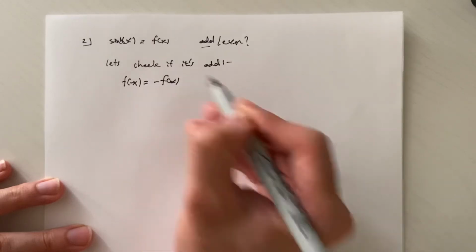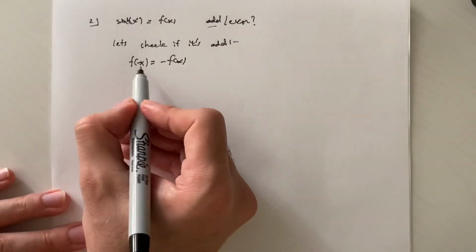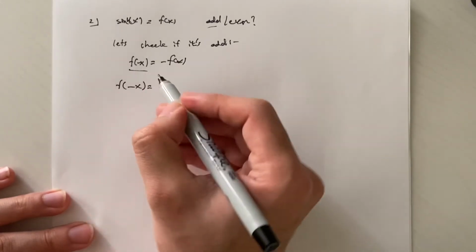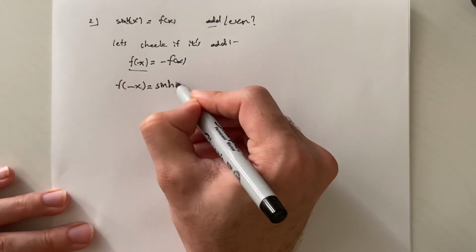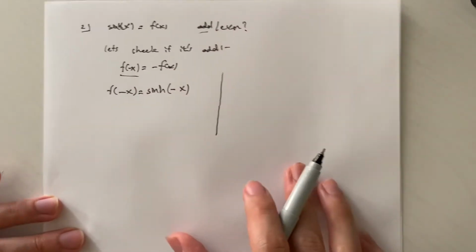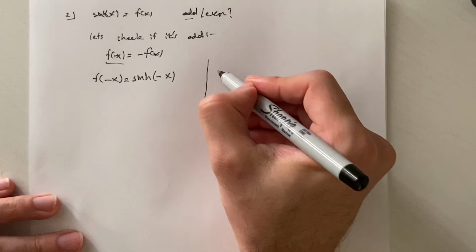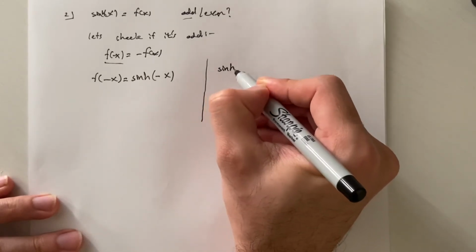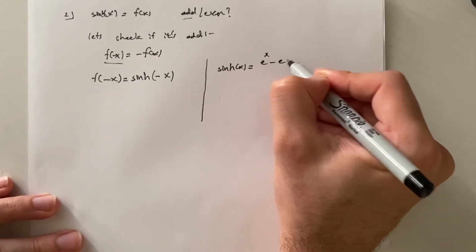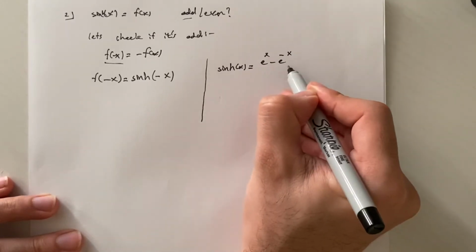This is the definition of an odd function. First, we need to find the first term, f of negative x, that is sinh of negative x. Remember that sinh of x is e to the x minus e to the negative x, over 2.